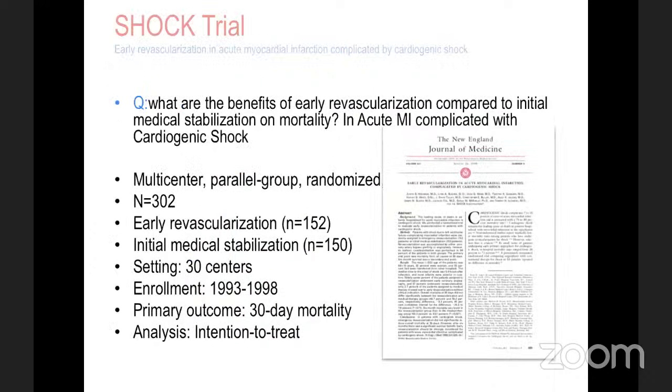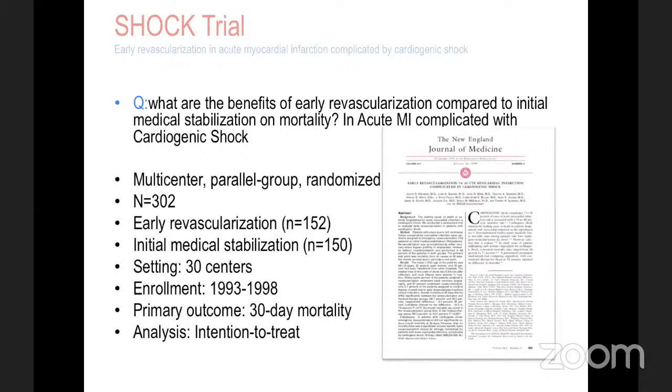And the SHOCK trial, in this topic, looked at early revascularization in patients with cardiogenic shock after acute MI.